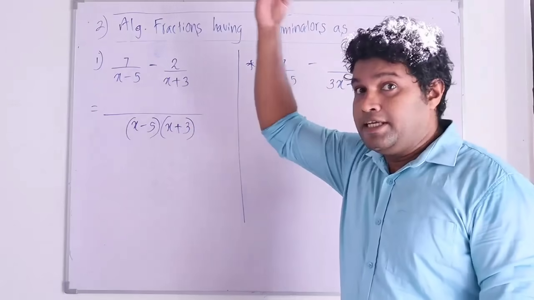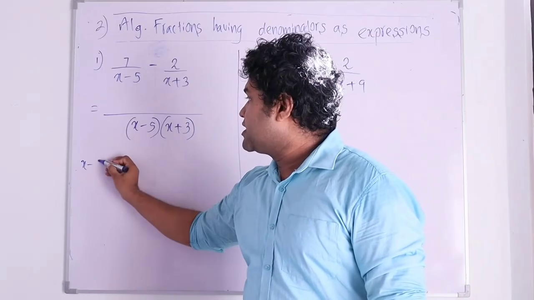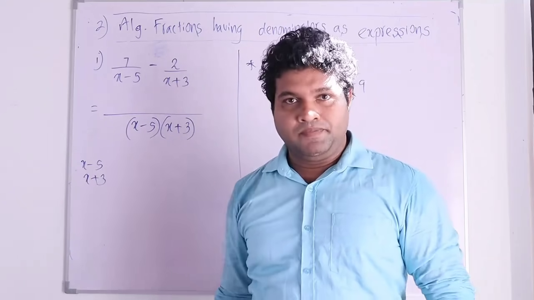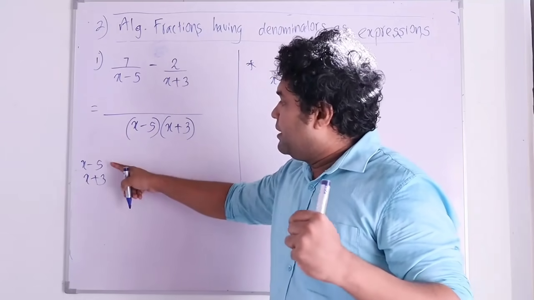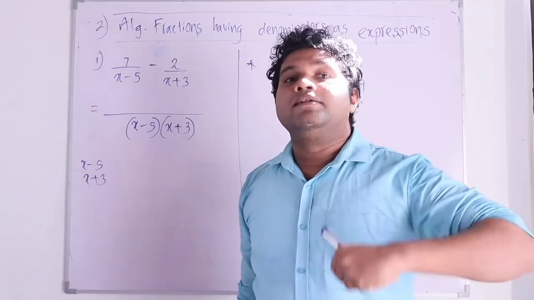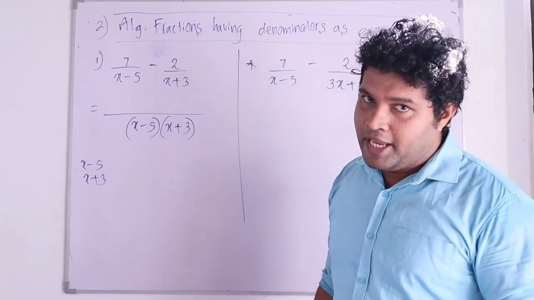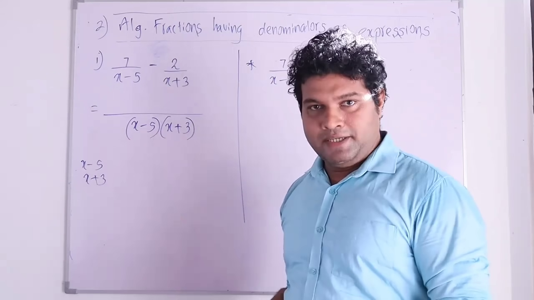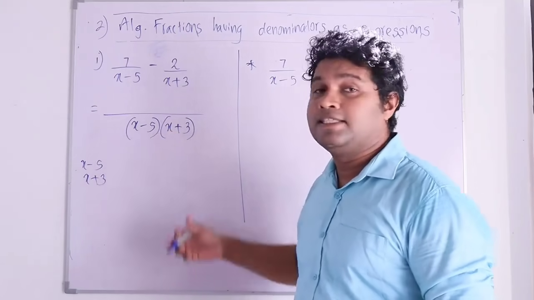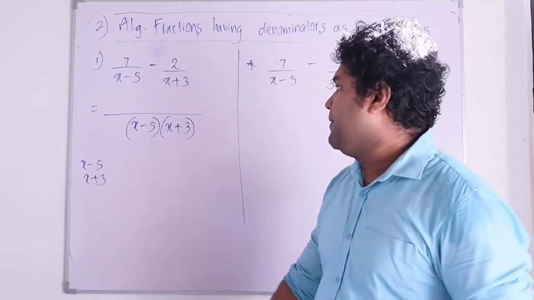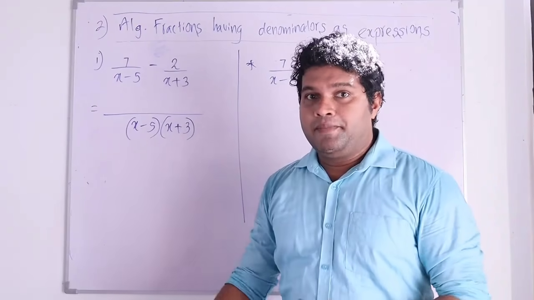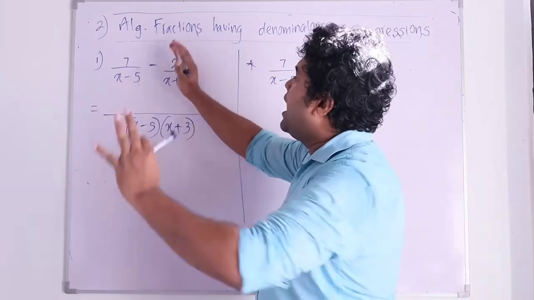As I mentioned earlier, these two terms are non-factorable. The product of different factors is the LCM. According to the denominators you got, you then find the answer.